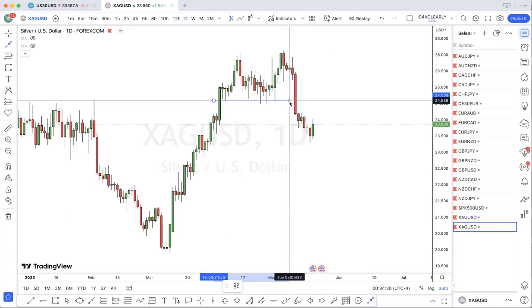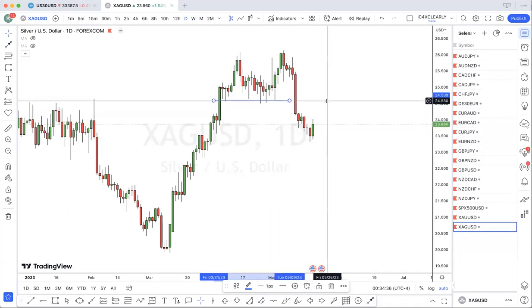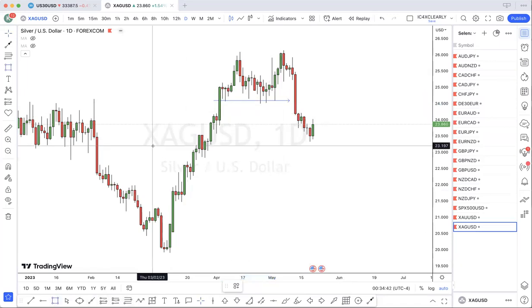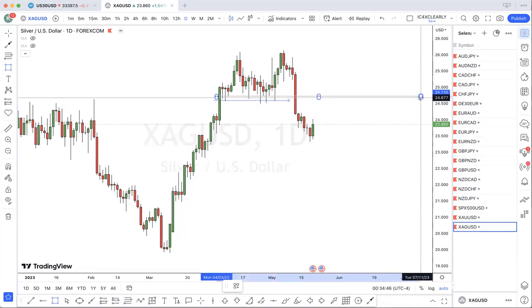We have a break of these lows. This was a key level as well. So we're looking for price to either pull back to this zone, so this key level. You see, we have a key level there.